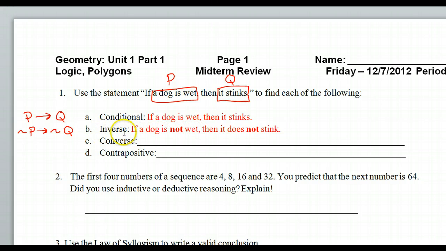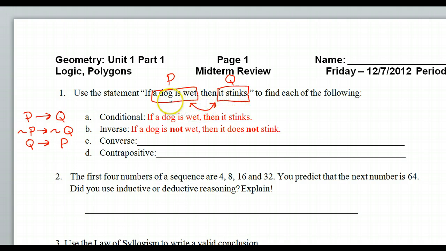And the biggest mistake students will make is they mix up which is which, the inverse and the converse. Because for the converse, you don't negate, but you reverse the order. So the converse works like this: if Q, then P. Since the original statement is if a dog is wet, then it stinks, to form the converse, you reverse the hypothesis and conclusion.